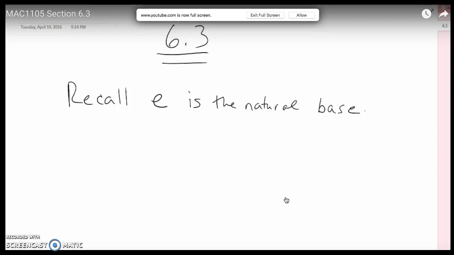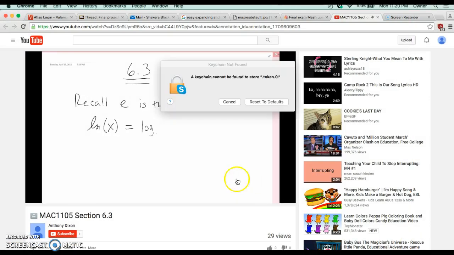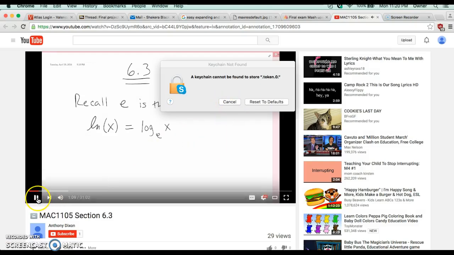So like I said, e is an actual value. It's 2.718 some change. In addition to recalling that e is a natural base, I also want us to recall that the natural log of x, which I like to write ln of x, natural log is nothing more than a log of base e.